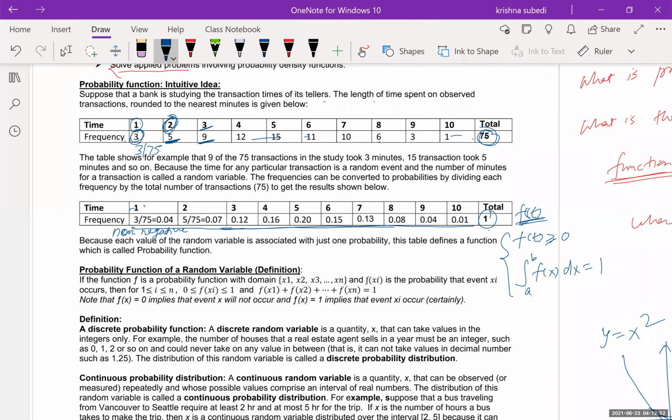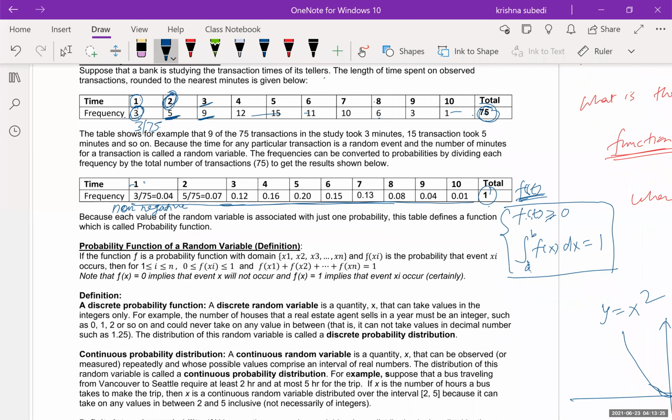So these are the two things that we observe from this table. And these are exactly the same properties that you need to remember, that any probability density function will have. In other words, a function is called a probability density function if it satisfies these two conditions.